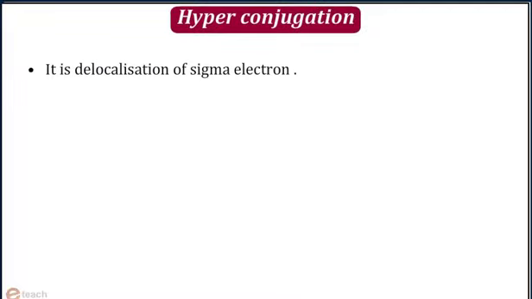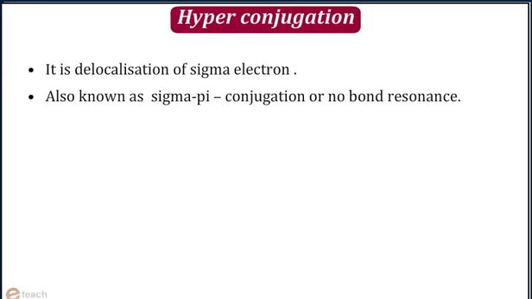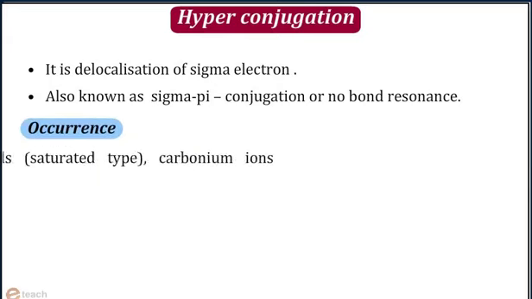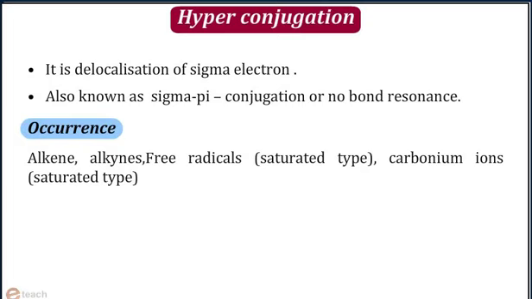Hyperconjugation. It is the delocalization of sigma electrons, also known as sigma-pi conjugation or no bond resonance. Occurrence: alkenes, alkynes, free radicals, carbonium ions.